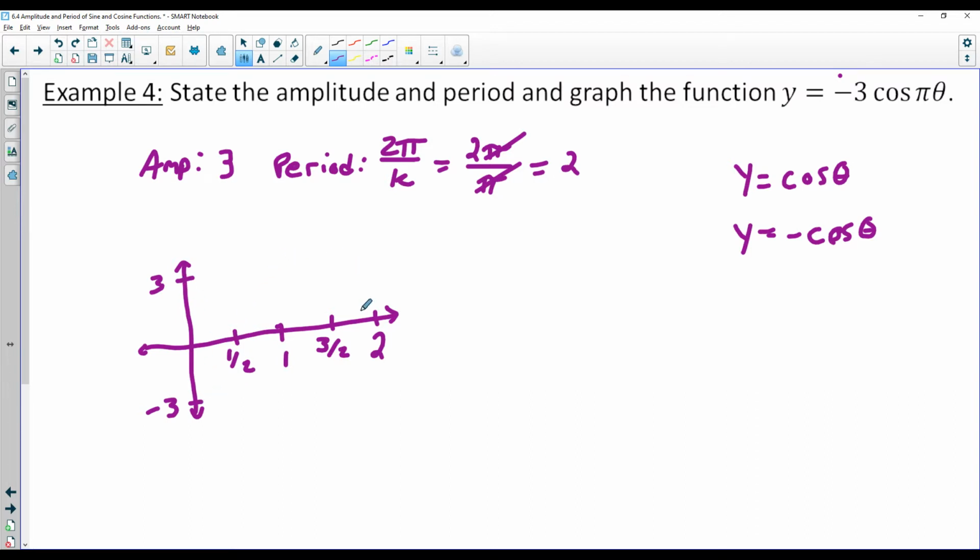We would just reverse how it looks. So since we already have it all set up, we're starting down here now since it's negative, right? We've just flopped it upside down. There we go. And that's a sketch of that graph.